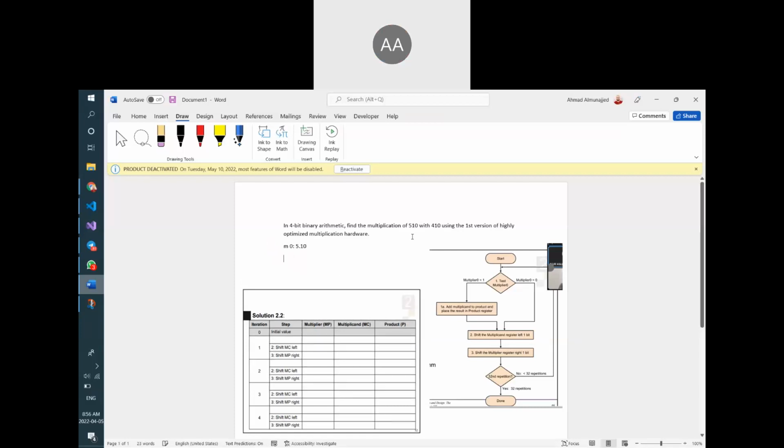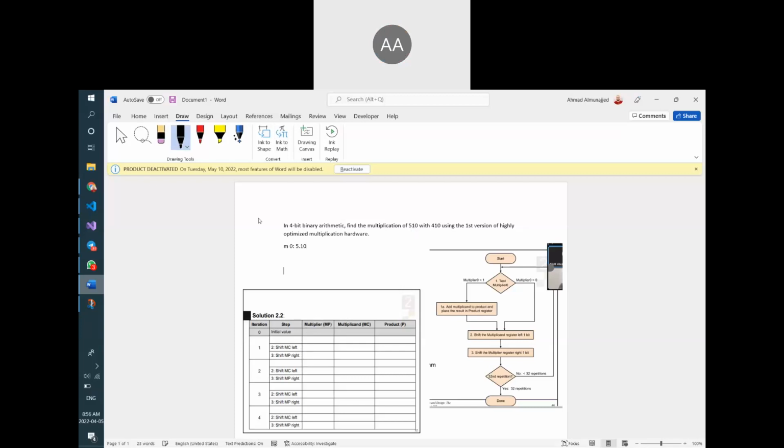Okay, which one is MP, which one is MC, and what is the value of the product? You use the draw, right? Then you can draw. Okay, the multiplier is 5 base 10. I can write it here.